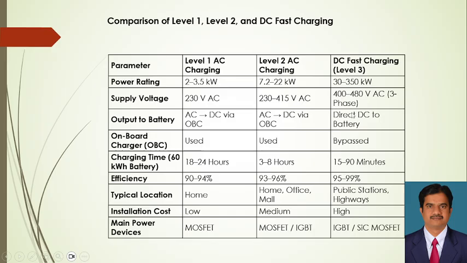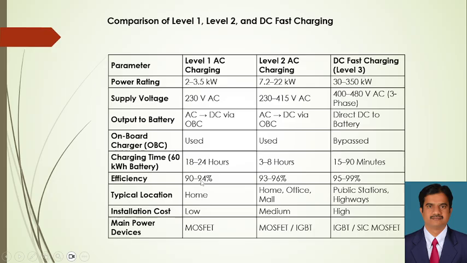In the DC fast charger, DC ಡೈರೆಕ್ಟ್ ಆಗಿ ಬ್ಯಾಟರಿ ಕನೆಕ್ಟ್ ಆಗುತ್ತೆ, ಯಾಕಂದ್ರೆ ಕನ್ವರ್ಷನ್ ಹ್ಯಾಪನ್ಡ್ ಇನ್ ದ ಚಾರ್ಜಿಂಗ್ ಸ್ಟೇಷನ್ ಇಟ್ ಸೆಲ್ಫ್. ಆನ್ ಬೋರ್ಡ್ ಚಾರ್ಜರ್ನ ಲೆವೆಲ್ 1 ಅಲ್ಲಿ ಯೂಸ್ ಮಾಡ್ತೀವಿ, ಲೆವೆಲ್ 2 ಅಲ್ಲಿ ಯೂಸ್ ಮಾಡ್ತೀವಿ. ಇಲ್ಲಿ ಬೈಪಾಸ್ ಮಾಡ್ತೀವಿ. ಚಾರ್ಜಿಂಗ್ ಟೈಮ್ 60 ಕಿಲೋವ್ಯಾಟ್ ಅವರ್ ಬ್ಯಾಟರಿ ಇದ್ರೆ ಲೆವೆಲ್ 1 ಅಲ್ಲಿ 20 to 24 ಅವರ್ಸ್ ಬೇಕಾಗುತ್ತೆ ಚಾರ್ಜ್ ಮಾಡಲಿಕ್ಕೆ. ಲೆವೆಲ್ 2 ಅಲ್ಲಿ 3 to 8 ಅವರ್ಸ್ ಬೇಕಾಗುತ್ತೆ. DC ಫಾಸ್ಟ್ ಚಾರ್ಜಿಂಗ್ ಅಲ್ಲಿ around one hour ಬೇಕಾಗುತ್ತೆ, or less than 1 hour.